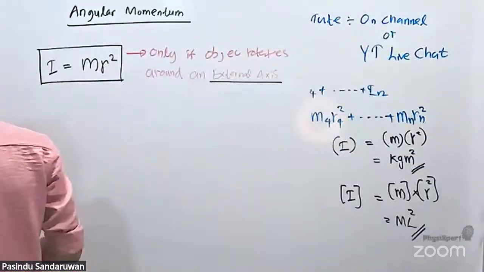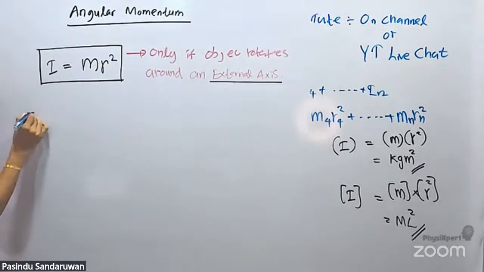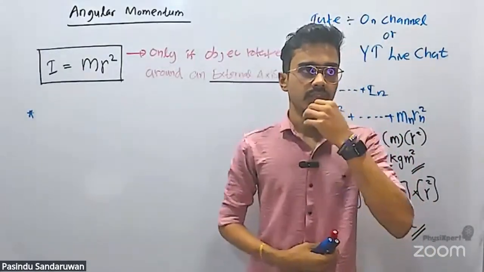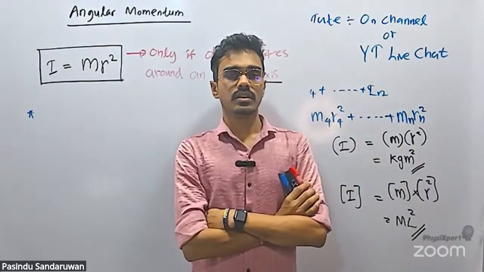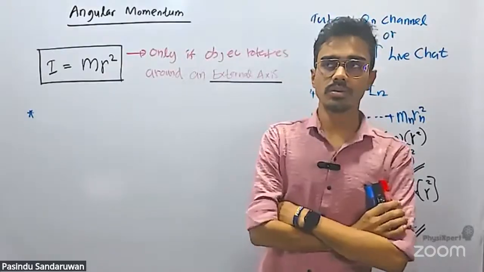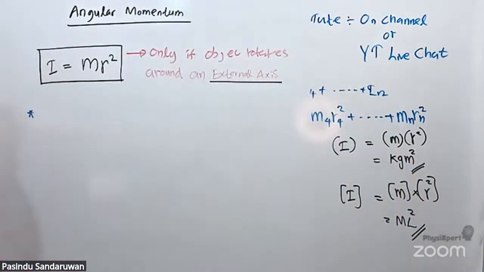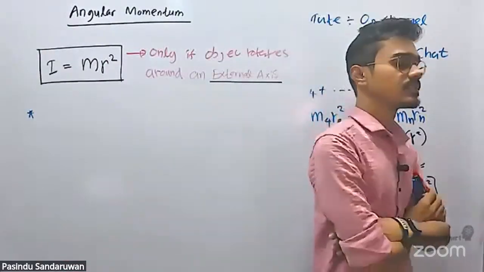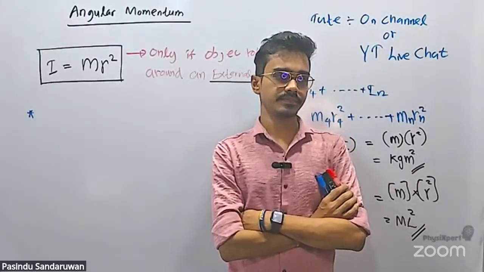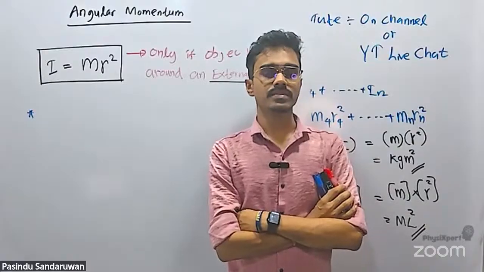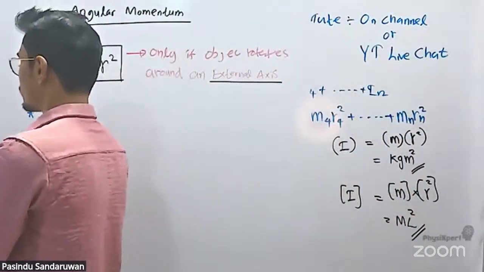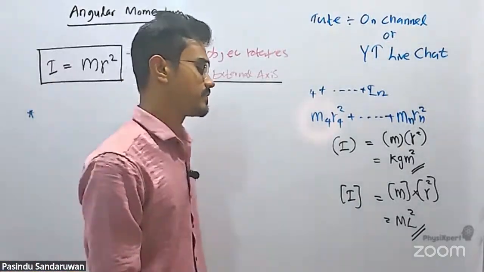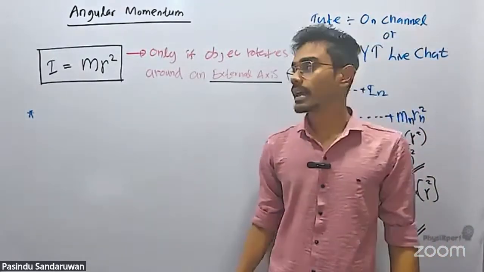Write down below, with an asterisk mark: if the object rotates around its own axis, a coefficient comes in front of mr squared.